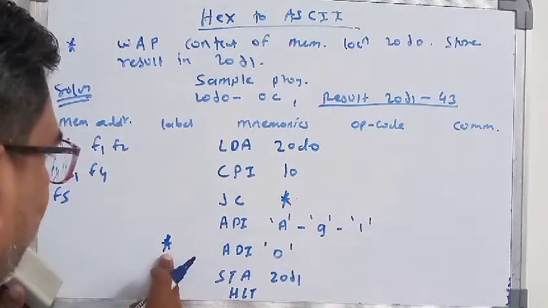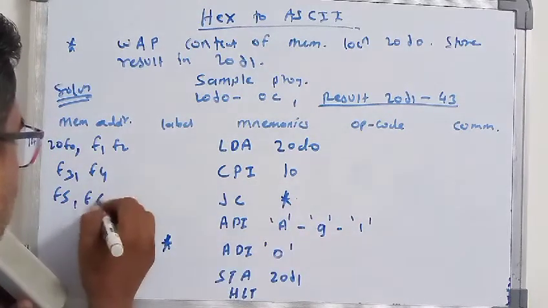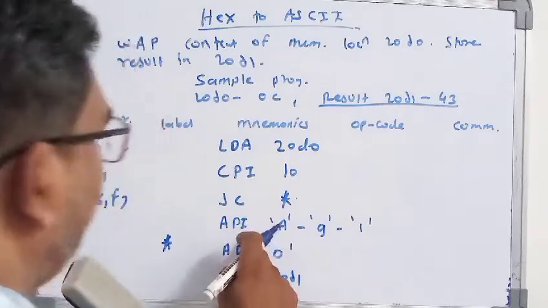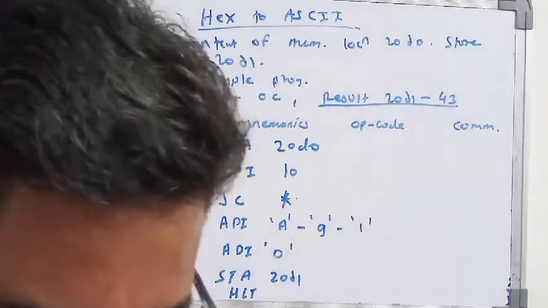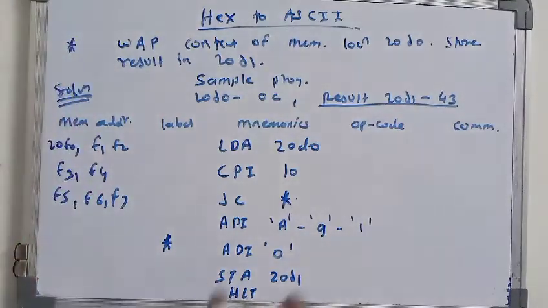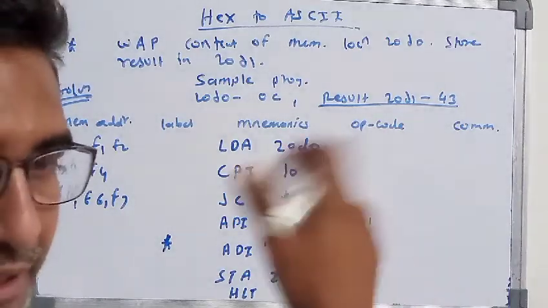What is the address of this one? It will be inserted by this JC. So here are the 3, F6 and F7. Then ADI. This ADI requires only one particular address, and either this value has to be entered, that value will be forming to the next address.